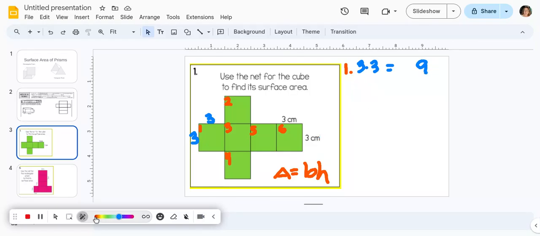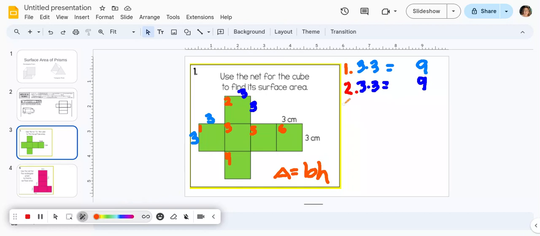Okay. Shape number 2. Again, I know that it's 3 times 3. So 3 times 3 equals 9.